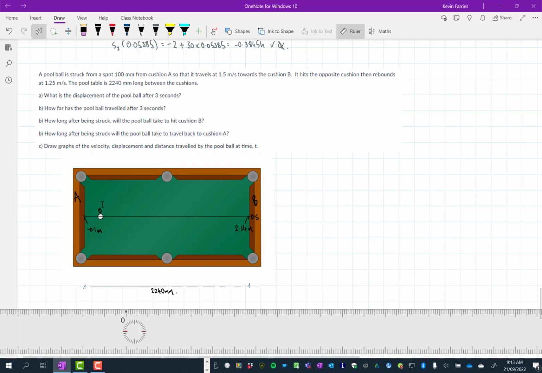Then what's happening? I shouldn't have let go of that. We'll see how we go. So what's going to happen here is it struck 100 millimeters from cushion A, and it's traveling towards cushion B. So this thing is traveling like this. So it goes down here like that, travels along, hits this and bounces back.